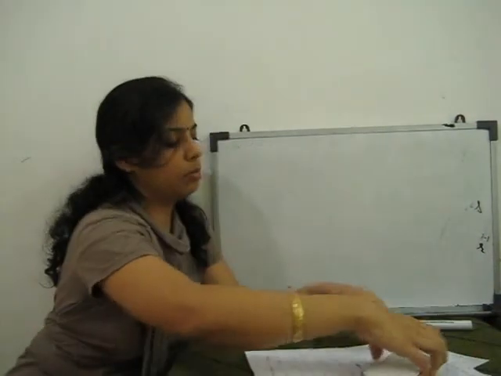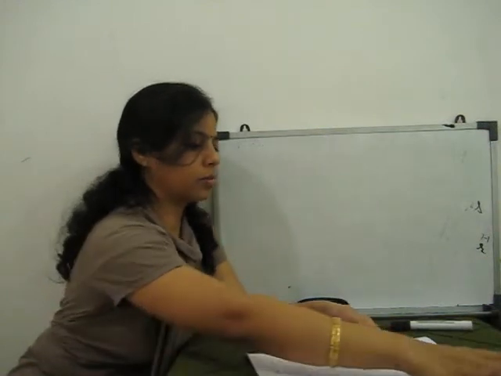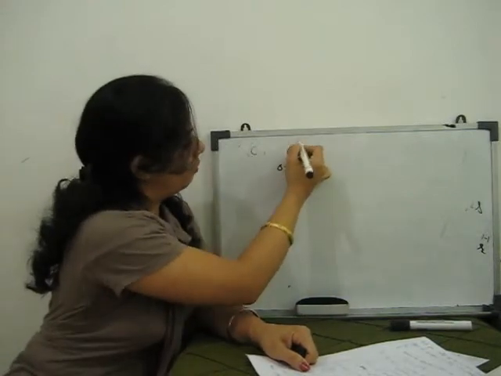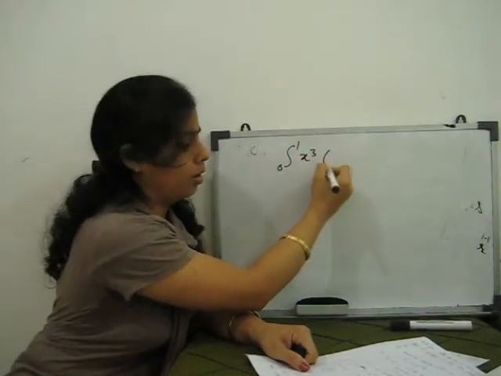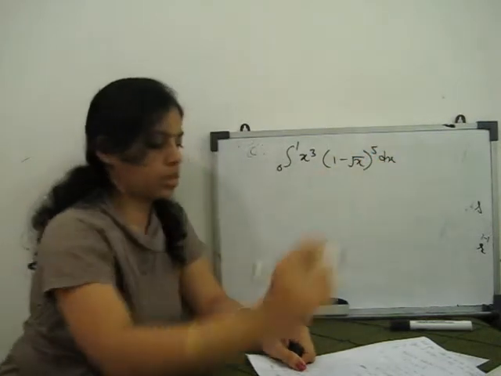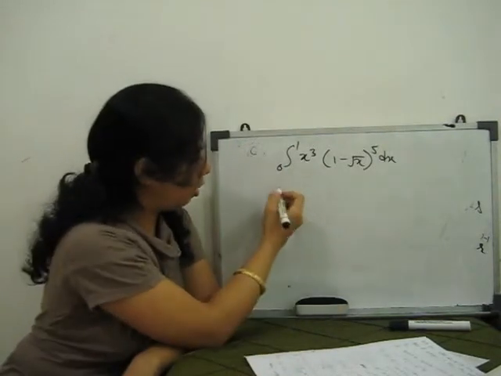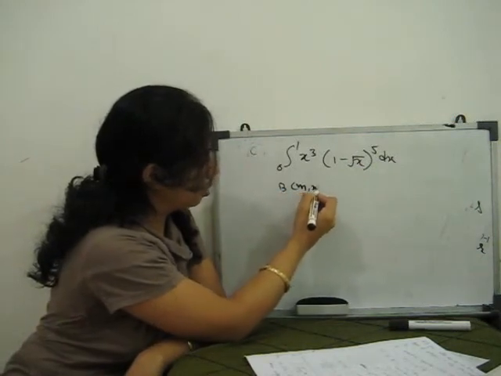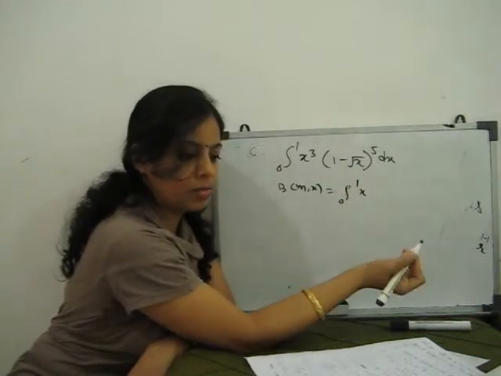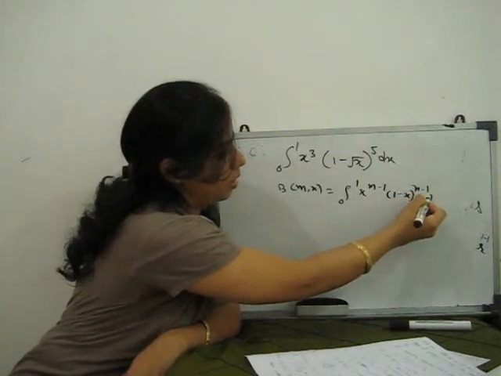How we discuss integral problems with beta and gamma functions. Question: integral from 0 to 1 of x cube times 1 minus root of x, to the power 5, dx. If we know our integral of beta m, n is what? Integral from 0 to 1 of x to the power m minus 1 times 1 minus x to the power n minus 1 dx.